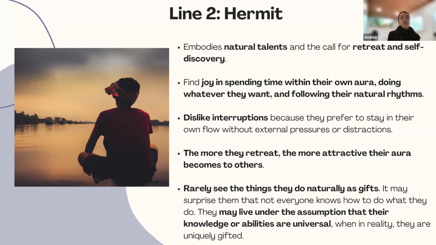But the line 2, the hermit, doesn't really see it in themselves. They're happy to just go about doing their own thing. And they don't really notice that they have these natural talents, but other people from outside will see it and want to learn. But that hermit doesn't want to be interrupted or distracted. They just want to be left to their own energy and be able to do their own thing.